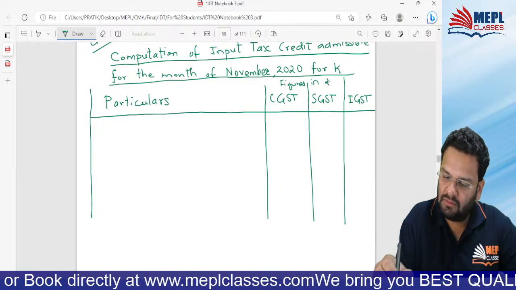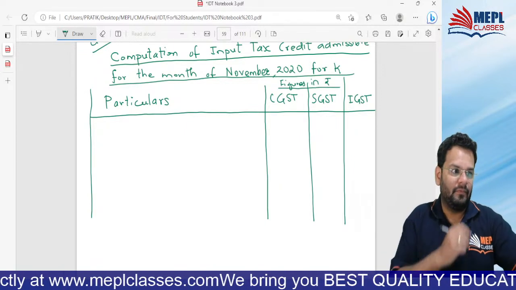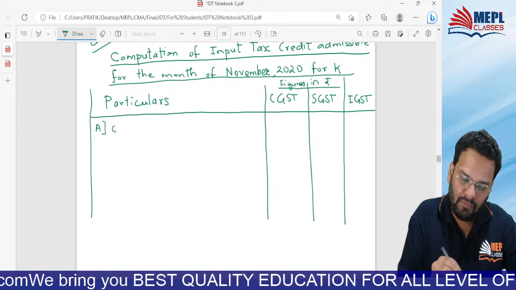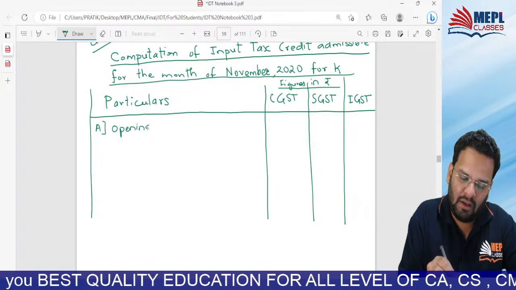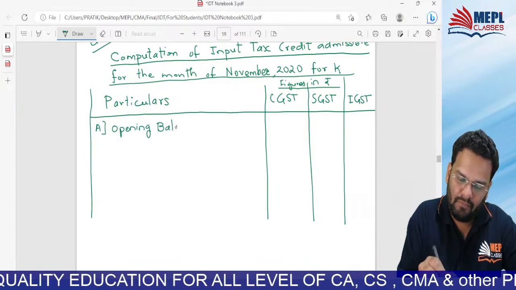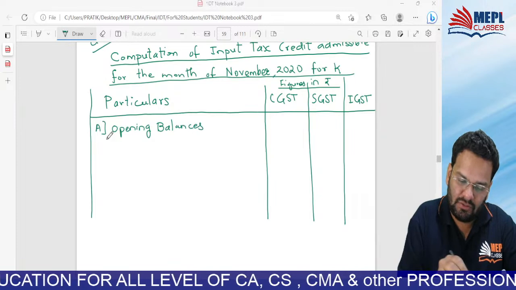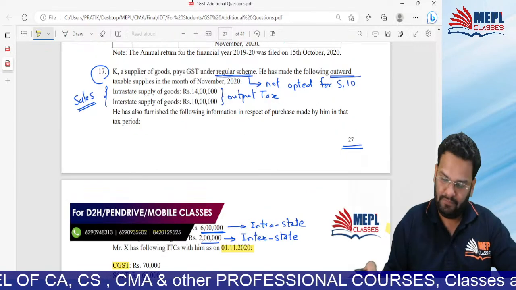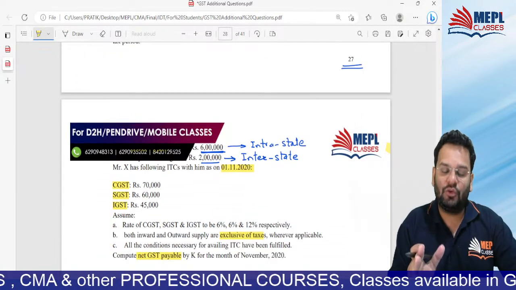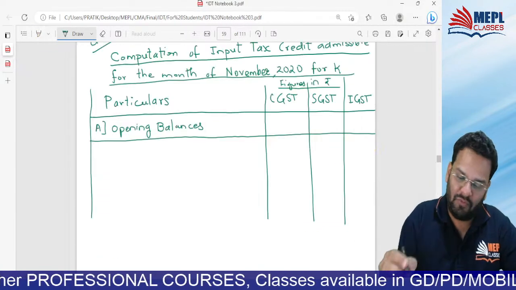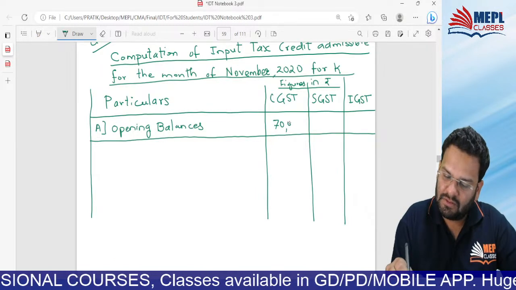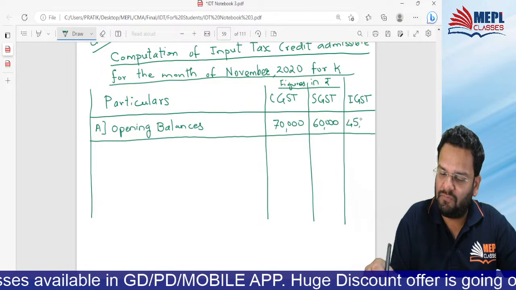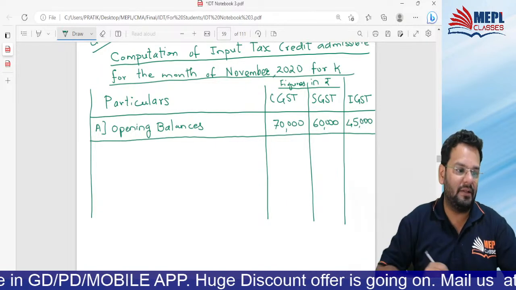Start with A point, opening balance. What are your opening balances? You have to just take the opening balances: 70,000, 60,000, 45,000. These are your opening balances.